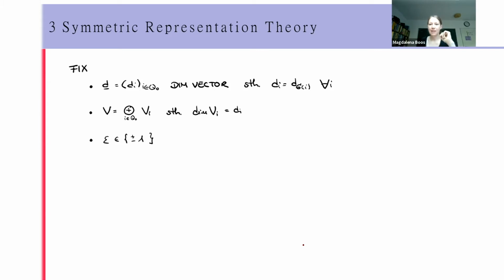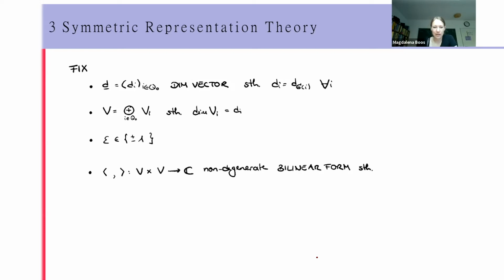And now, of course, we want to work symplectically and orthogonally, so we fix a bilinear form. This means we fix a non-degenerate bilinear form on V. Also this has to be compatible with our symmetry sigma. What does it mean?